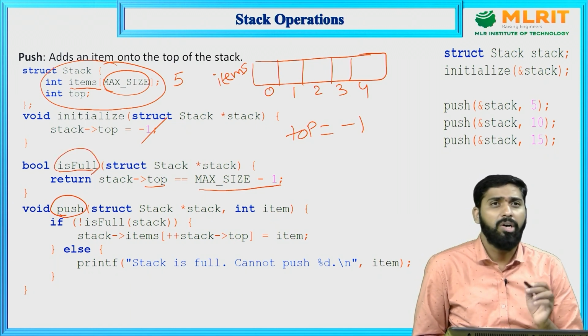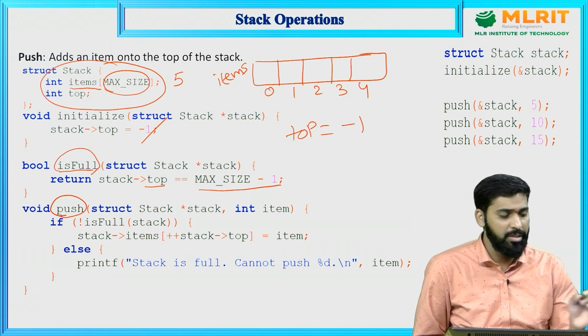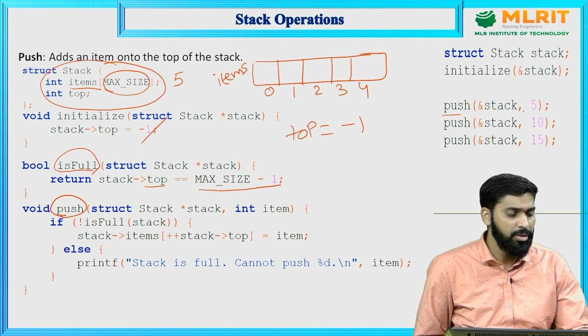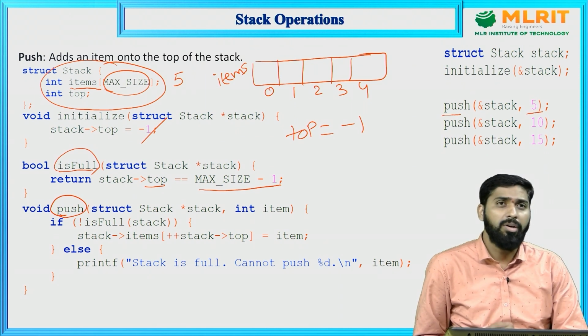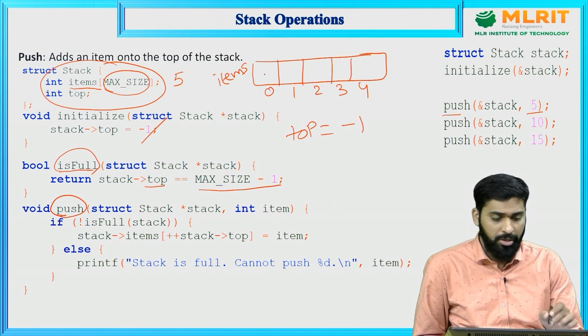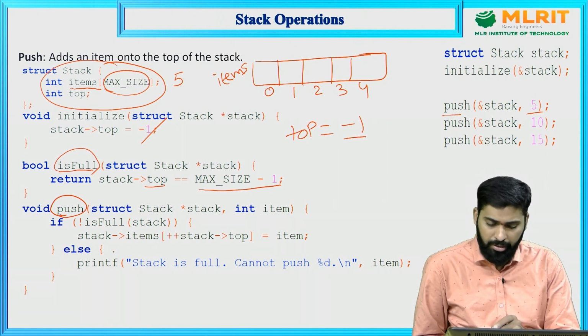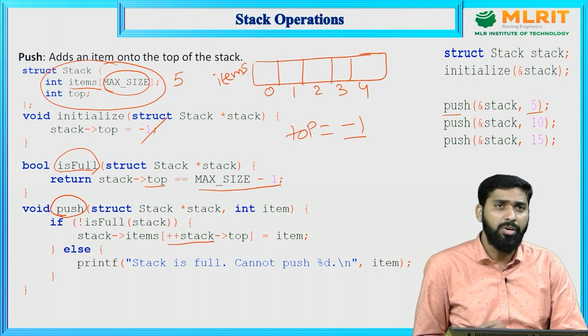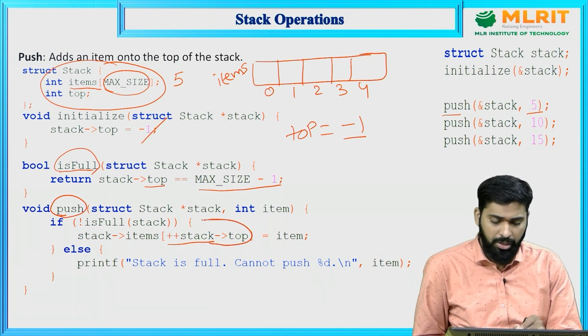Now, in the first case the stack is empty, so we can insert. If I call push 5, now the 5 will be inserted at items of 0. Initially it is -1. If you observe here, plus plus stack arrow top, initially it is -1, plus 1 means it becomes 0, items of 0.